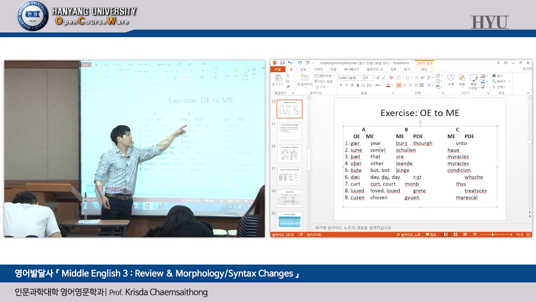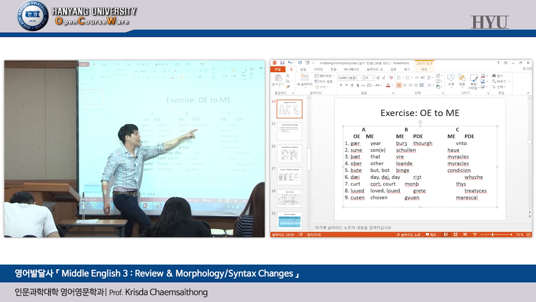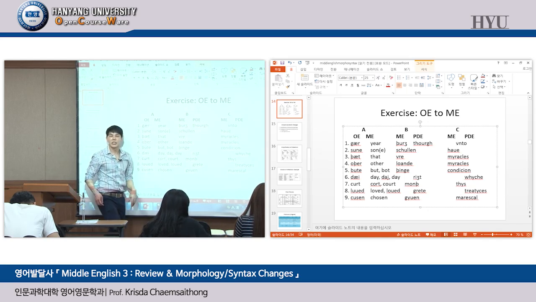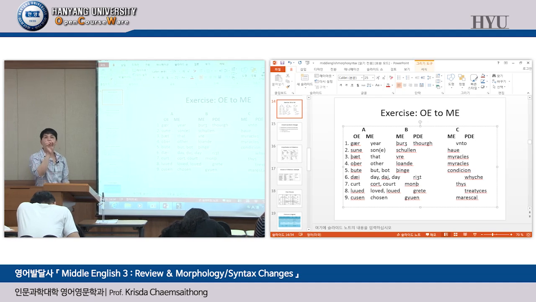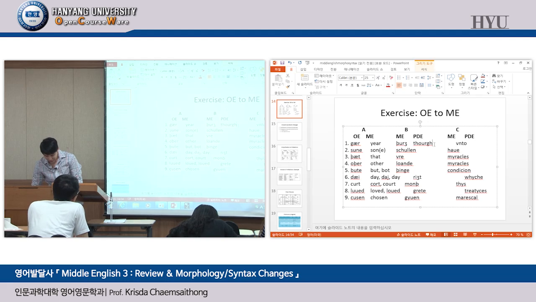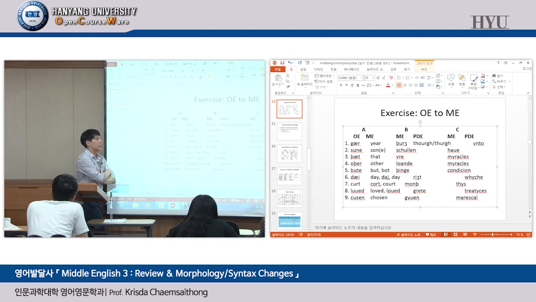So the yogh here became the GH, right? The thorn became the TH. And then the U became the OU, or you might also see U. THURGH, like that.